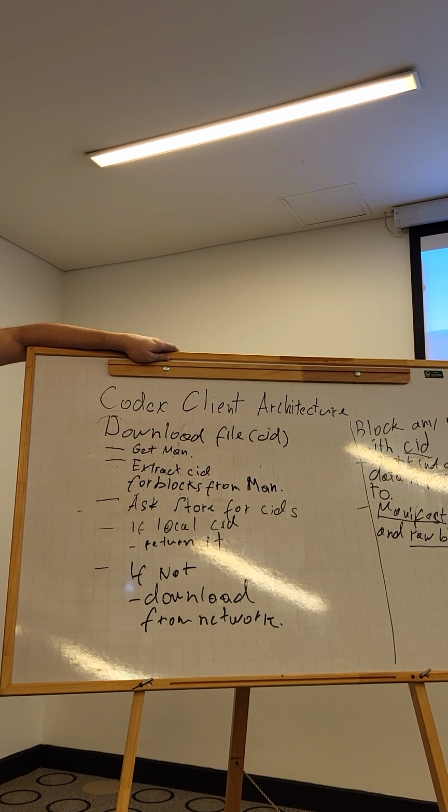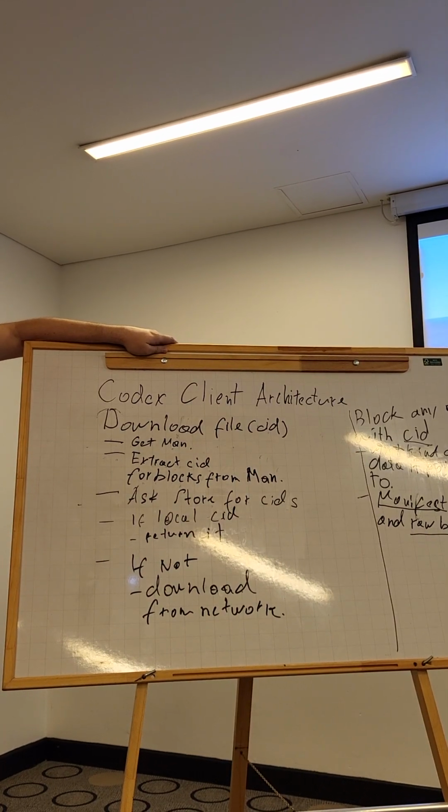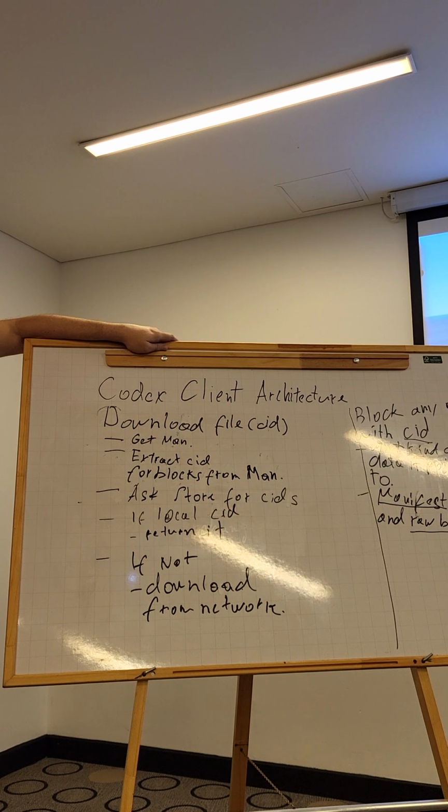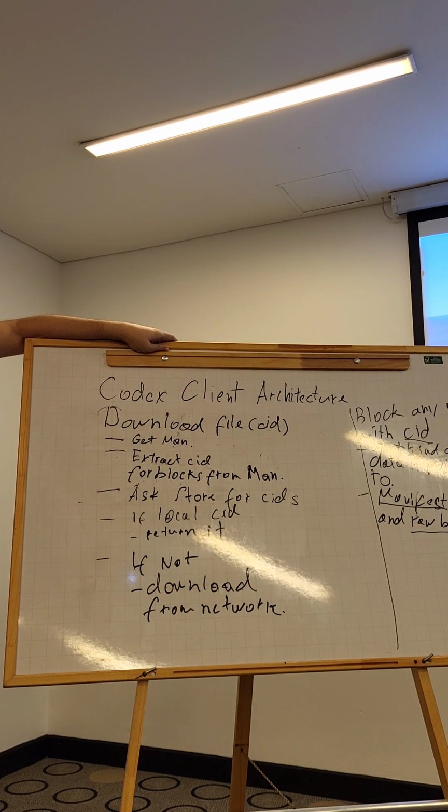So there's an endpoint that you call and pass it the CID of the data set that you want to erasure code. That part is transparent. It might download that data set for you, or it's assumed that you have it locally, but it's not required. So it will take that original data set, erasure code it, and give you back a new CID for the erasure coded data set.